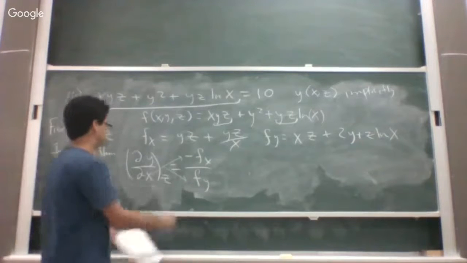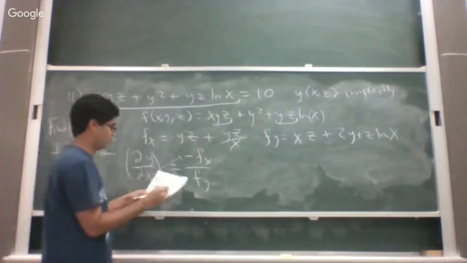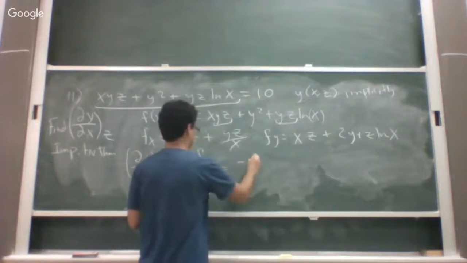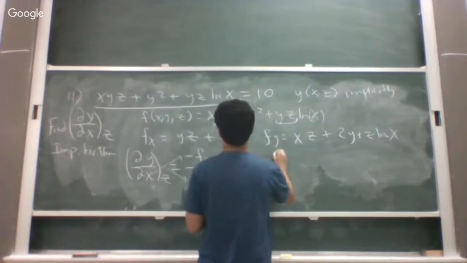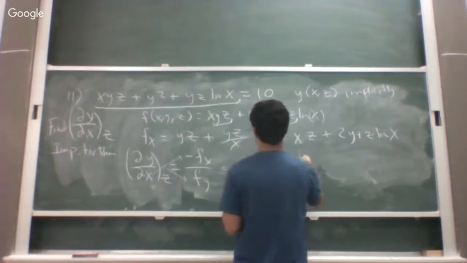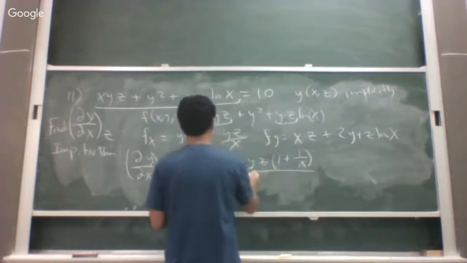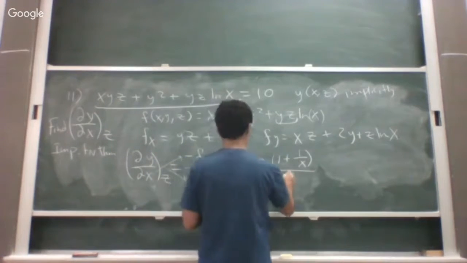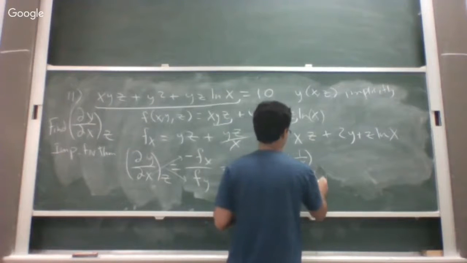So you could have done it with z instead of x. So we have negative yz times 1 plus 1 over x divided by xz plus 2y plus z natural log of x.